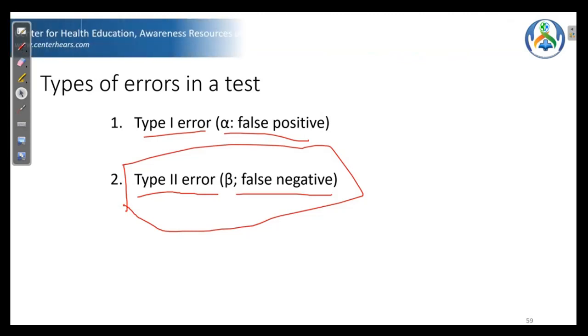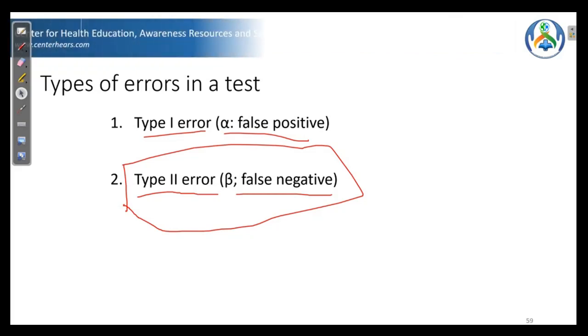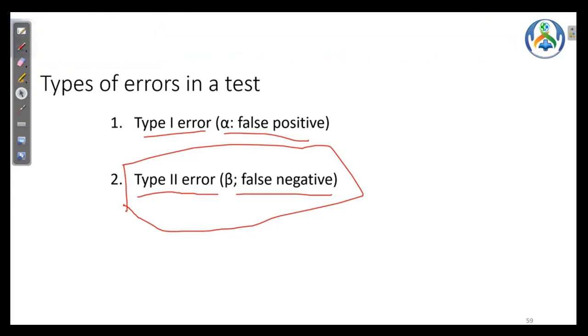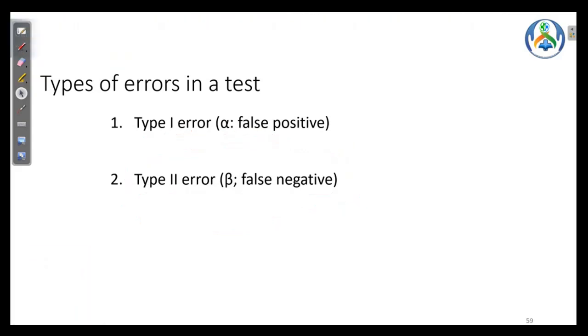If I want to find out, for example, a factor is causing it, like smoking has an effect on asthma, actually it has an effect, right? But if I get a test saying that smoking does not have any effect on asthmatic patients, that can be more lethal. So I can't go with the type 2 error if it is giving the false negative.